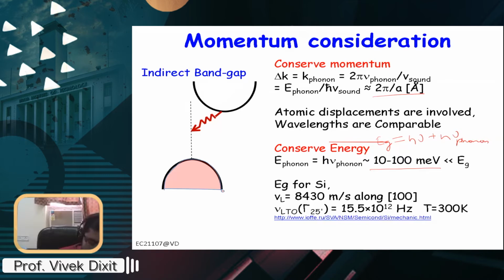And the momentum of the electron will be the momentum of the phonon plus the momentum of the photon.